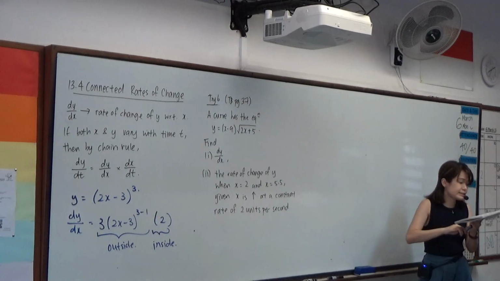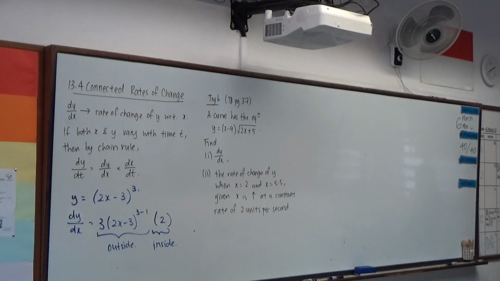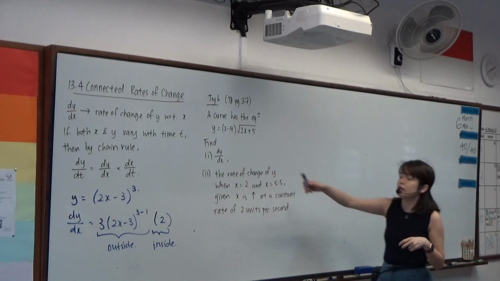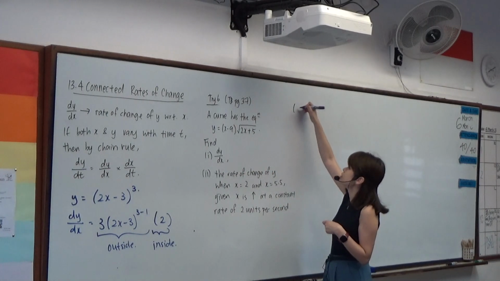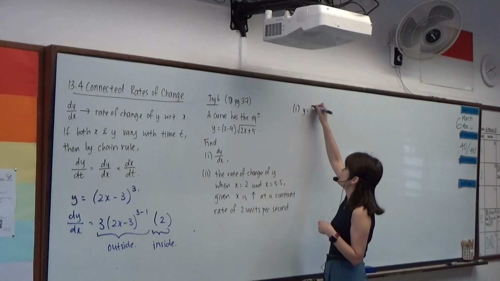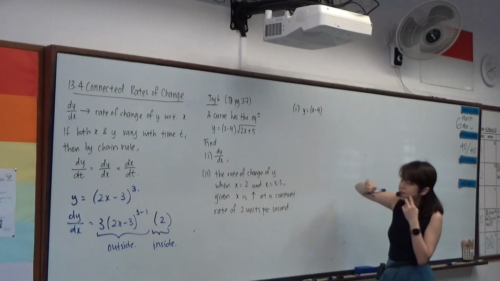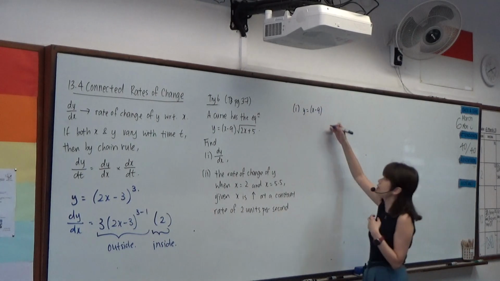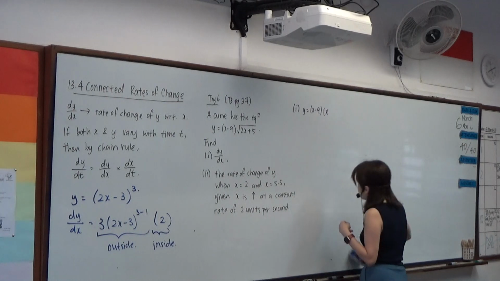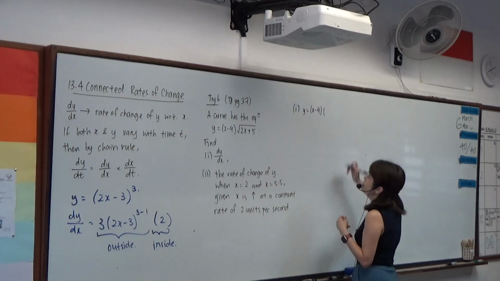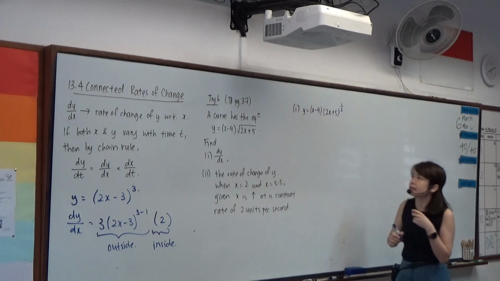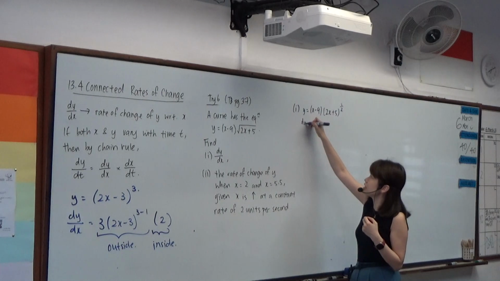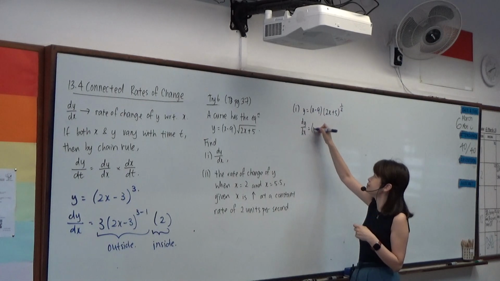So looking at try 6, we are given that y is equal to (x minus 9) times the square root of (2x plus 5). The very first part asks us to find out what is dy over dx. So what we can do is first re-express (x minus 9) times the square root of (2x plus 5) into its indices form. Like this. Then we do our differentiation using our product rule.